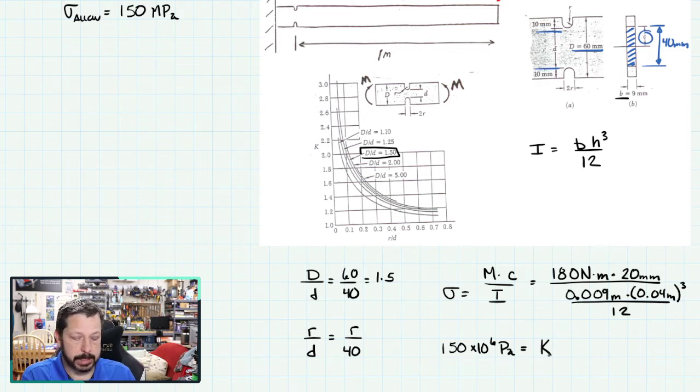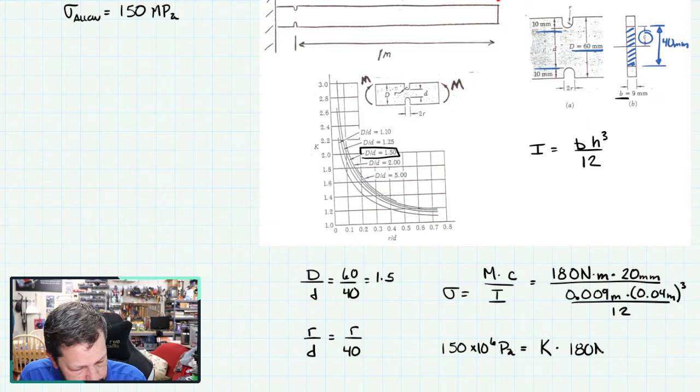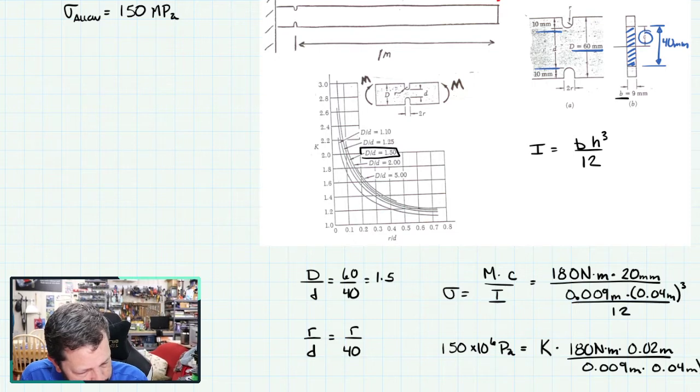We don't know what it is, so K, times the equation for our stress, 180 Newton meters, times, let's convert that over to meters, so 0.02 meters, over the moment of inertia for the rectangle, 0.009 meters times 0.04 meters cubed over 12.